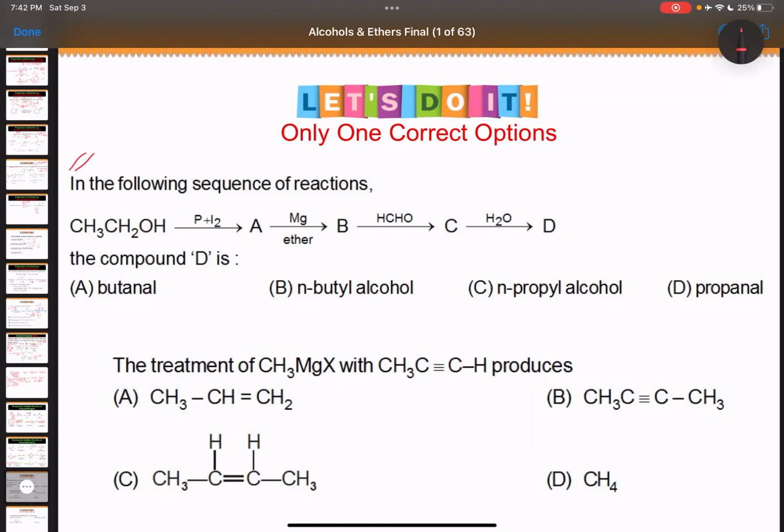So this question first, Maimuna and Vamsi. Any idea what is going to be the answer? Just a second. Both of these questions are from JEE Mains.